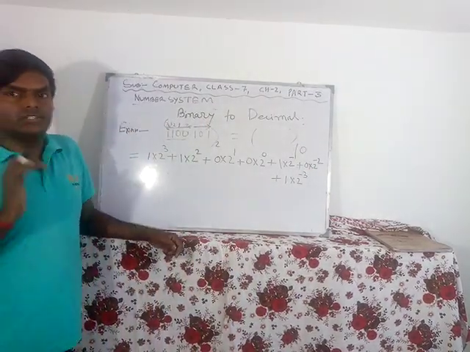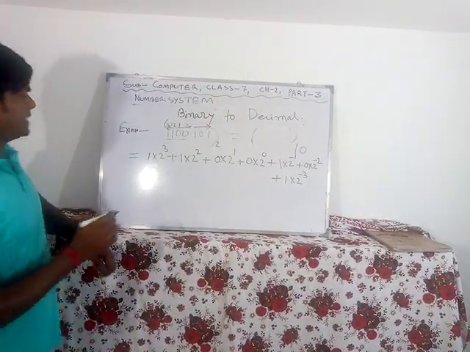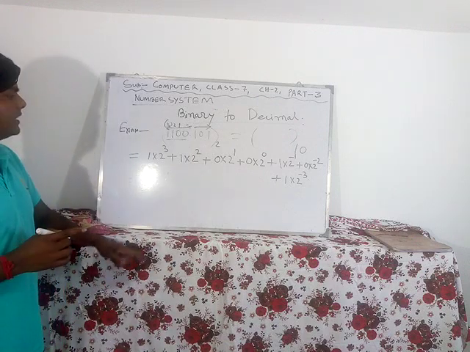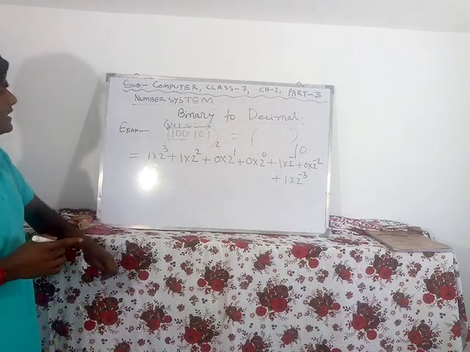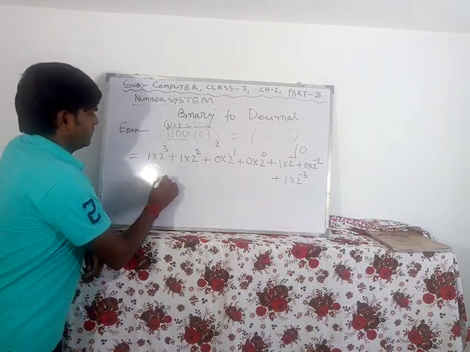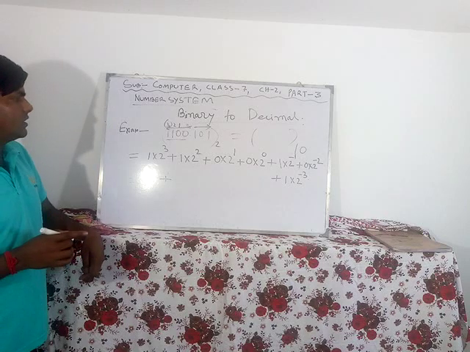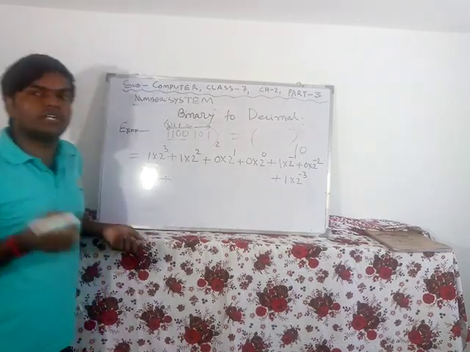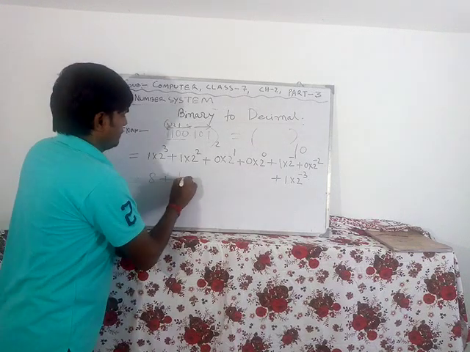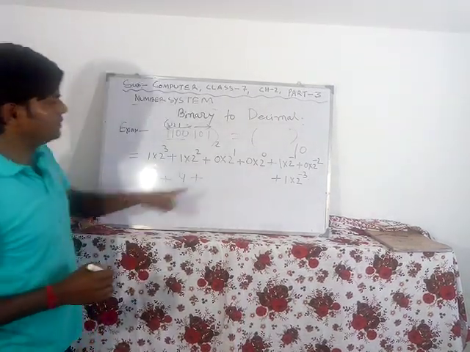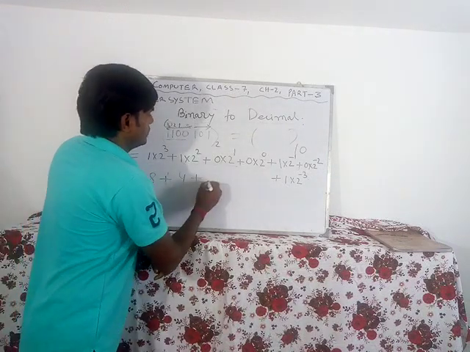Next, 1 into 2 power 3, that is 8. Next, 2 power 2 means 4, so 1 into 4 gives 4, plus 0. Zero powers will always give answer 0.